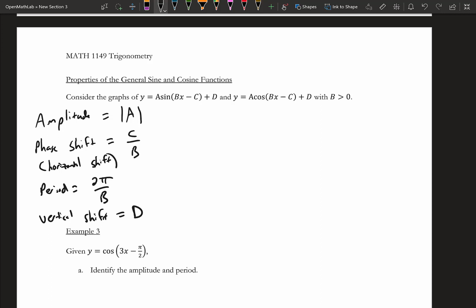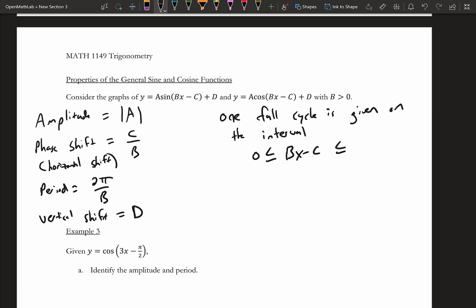And then if we want to find one full cycle on an interval, this is what we'll have to use. One full cycle is given on the interval 0 less than or equal to bx minus c less than or equal to 2 pi.